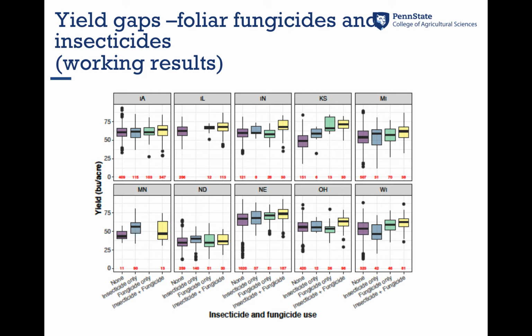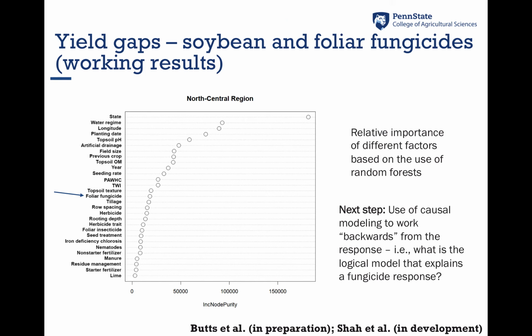As you can see here in Minnesota, almost nobody applies just fungicide, at least based on the information provided. And there doesn't seem to be much to note there versus some of the other states. So we're trying to understand this in a way that's not overgeneralizing a response. I think there are other factors, other patterns behind that sort of work.